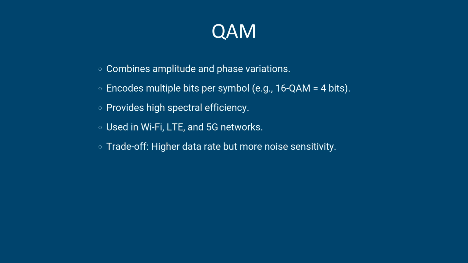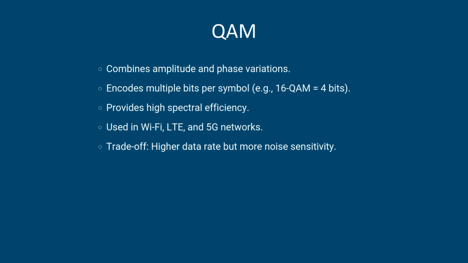Now, let us discuss QAM, which stands for Quadrature Amplitude Modulation. QAM combines both amplitude and phase variations in the same signal. Because of this combination, QAM can encode multiple bits per symbol.